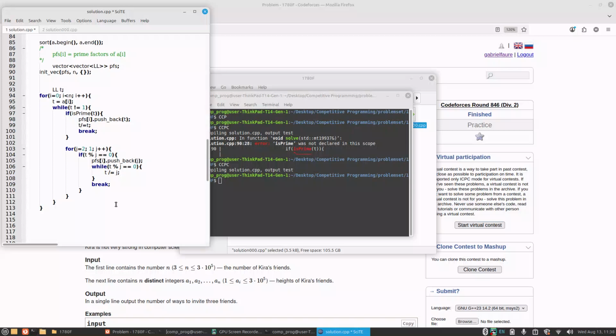So let's do this simpler style. Let's just have a map from a set of prime factors to the indices that divide that, like have said prime factors.